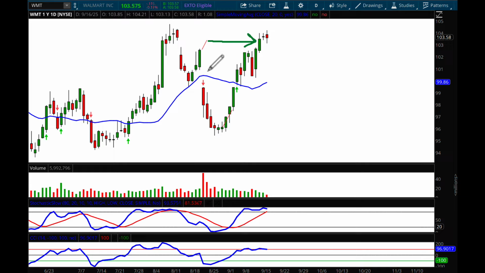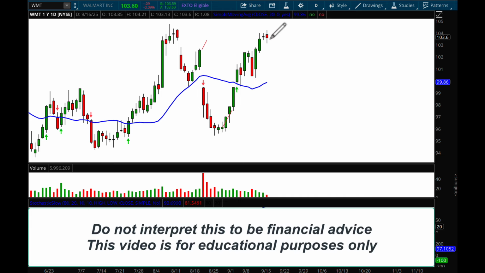And now that the stock has hit that target price, you could see that we have a red candle showing up right now on lower volume, which is bearish, and the oscillators are starting to move lower, or at least hinge and pivot lower. And so if I got in on that green arrow right there, I would be exiting that trade on a day like today.